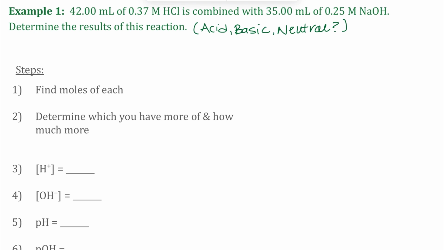All right, so the first step is finding moles of each. And do note that we have only strong acids and bases here. Hydrochloric acid has a Ka of greater than 1, and NaOH is one of our strong bases. So finding moles of each, I've got my 42 milliliters of 0.37 molar HCl. Finding my moles of HCl, moles of anything, is molarity times liters.